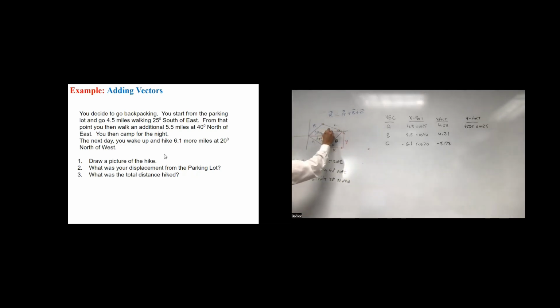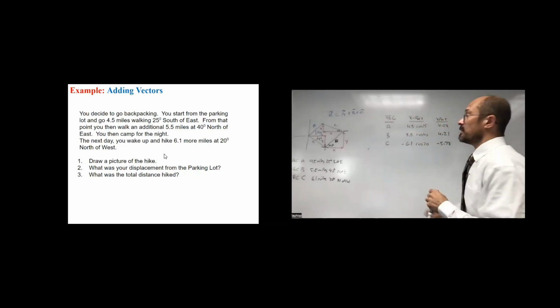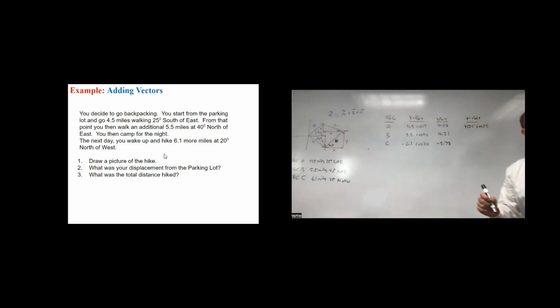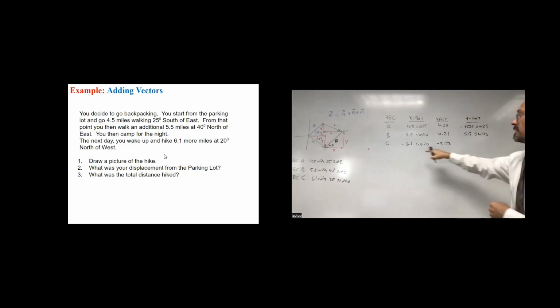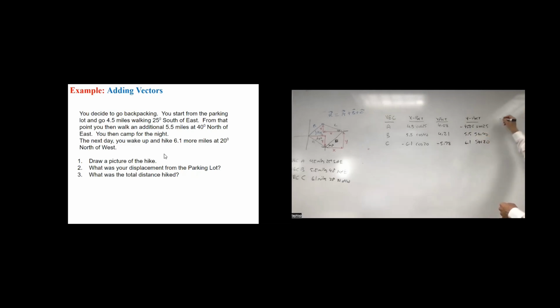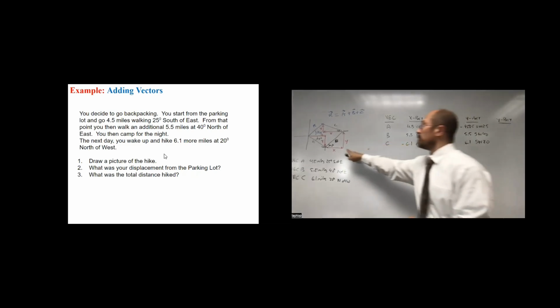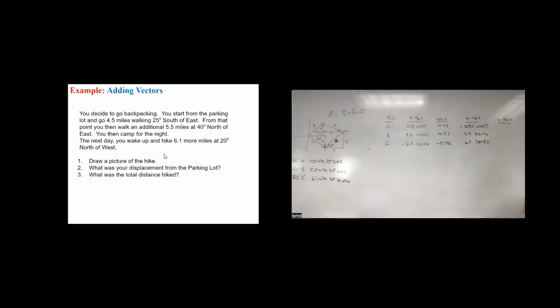Those are our x's and y's. So we see that for vector A, the y is negative. It points down. Now for vector B, we have 5.5 sine of 40, and this one is 6.1 sine of 20. These two point up, so they're positive. So let's get our y parts.